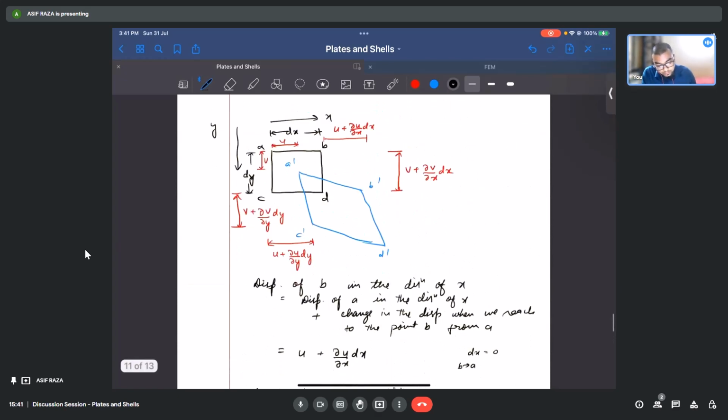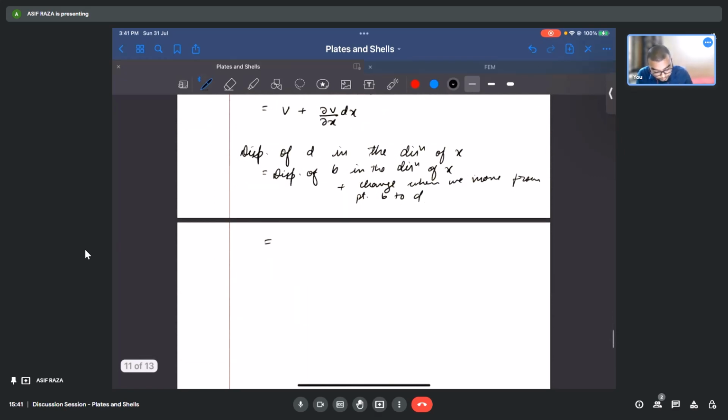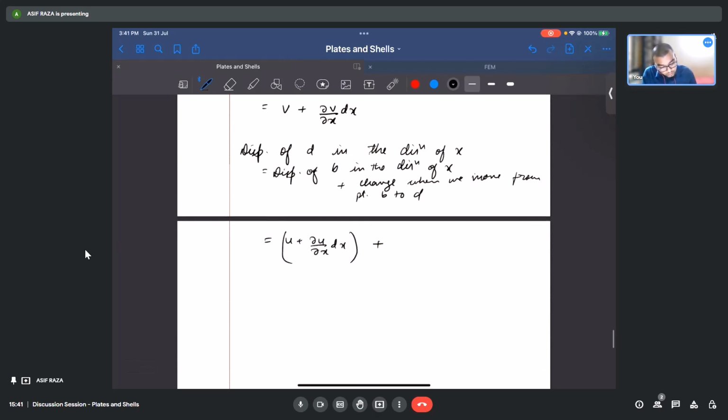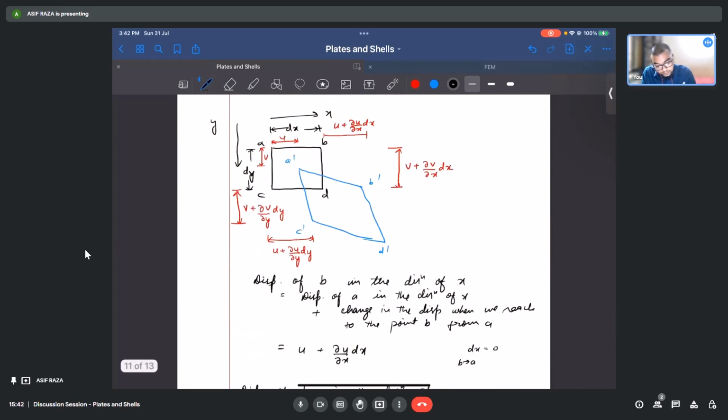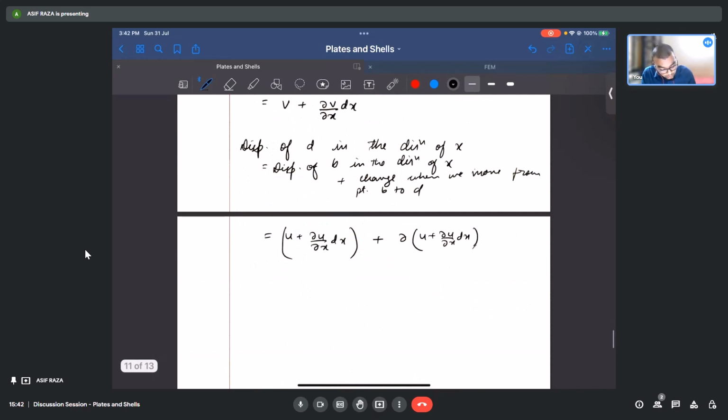The displacement of B in the direction of x is u plus ∂u/∂x dx. The change when we move from B to D is along the y direction, so the change is with respect to y, and from B to D the distance is dy.